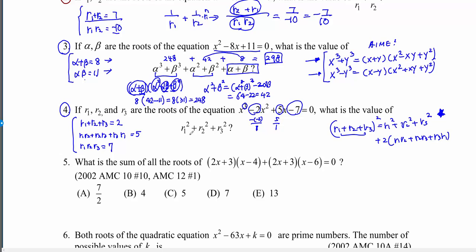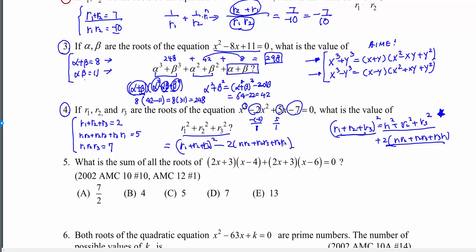So how can you express this one? You express this one the same way. Then from that, we subtract over here, right? So this is equal to R1 plus R2 plus R3 squared, and take off 2 times R1 R2, R2 R3, R3 R1, right?